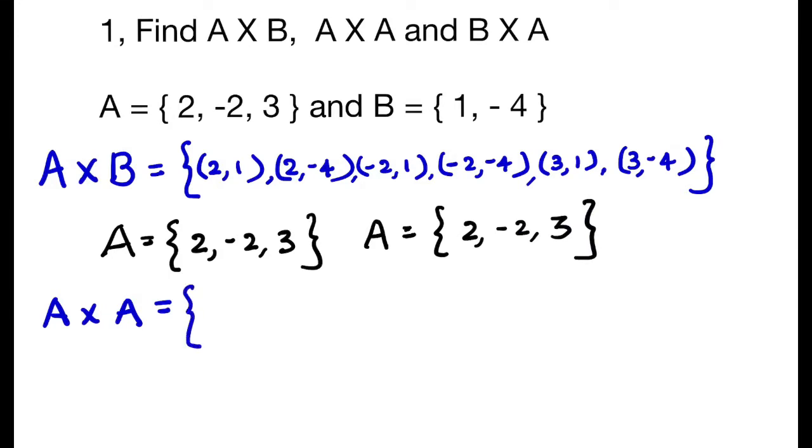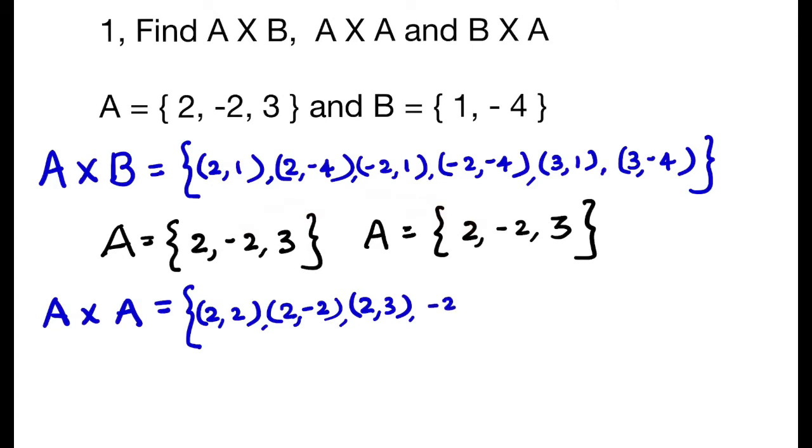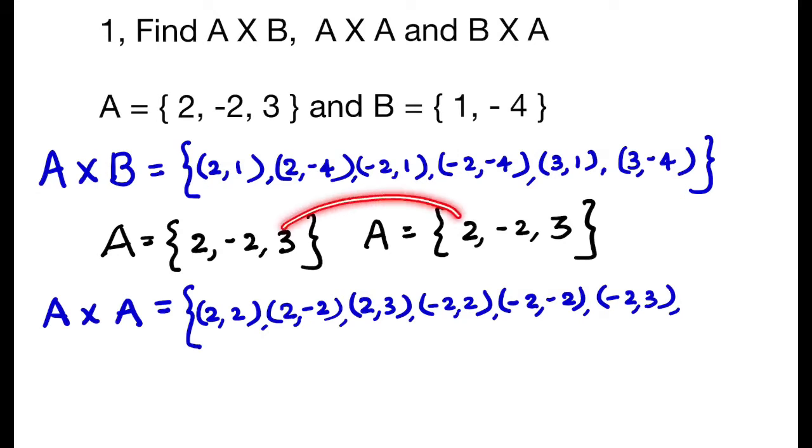A cross A is the set of all ordered pairs (2, 2), (2, minus 2), (2, 3), (minus 2, 2), (minus 2, minus 2), (minus 2, 3), (3, 2), (3, minus 2), (3, 3).